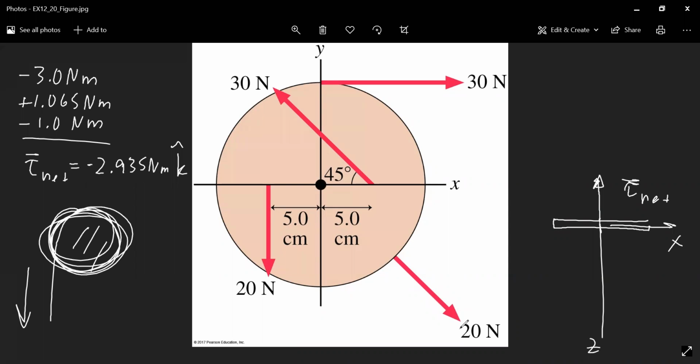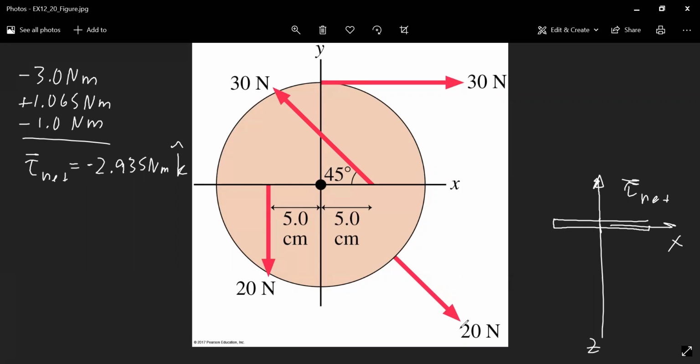So the forces are usually tangent and usually stay tangent to the circle. So this is a good example of calculating torque in different contexts, different practice, and also with the vector notation.